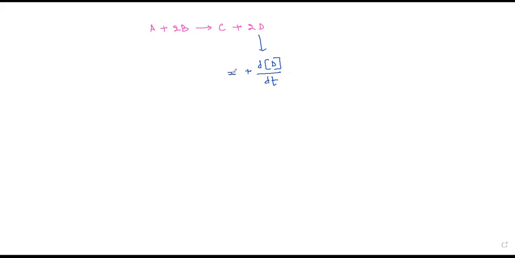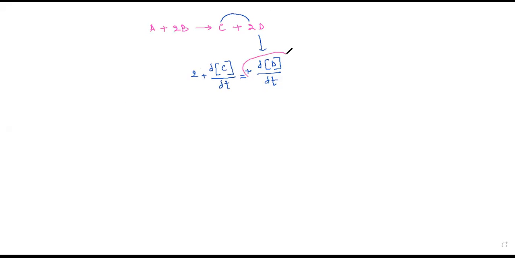Okay. Now this can be given as, see with respect to C, the rate of appearance of D is 2 times the rate of appearance of C, isn't it?